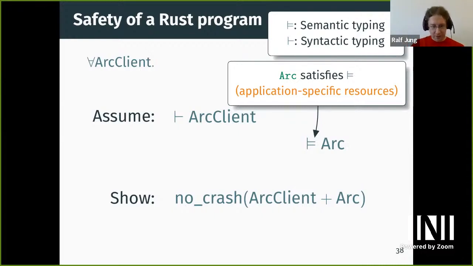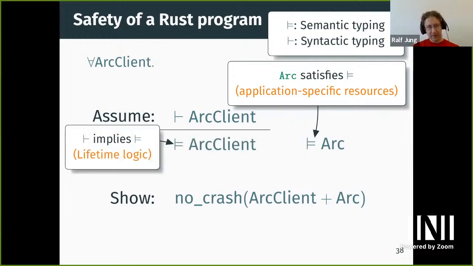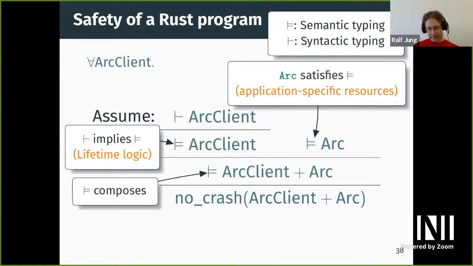And then we have to show a few other theorems to put it all together. First of all, we have to show that syntactic typing implies semantic typing. Basically, our clever notion of typing should better be strictly more clever than the simple thing the compiler does. And in that proof, the lifetime logic is very important. Secondly, we have to prove that semantic typing composes, as you would hope from any kind of type system: if you've shown that two program components are well typed, and if the types match at the interfaces, then the program that links them together should also be well typed.